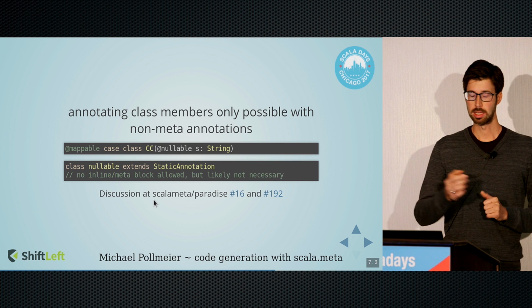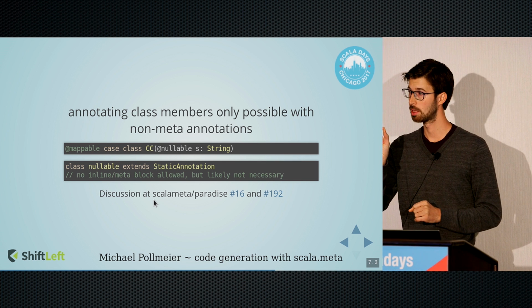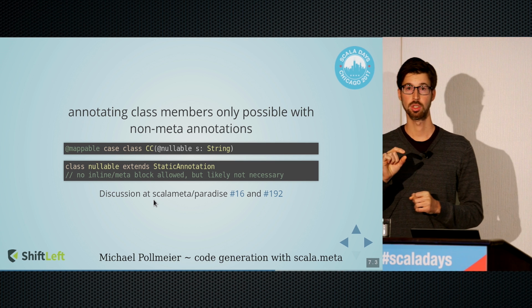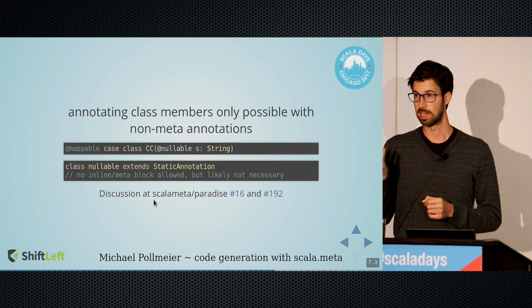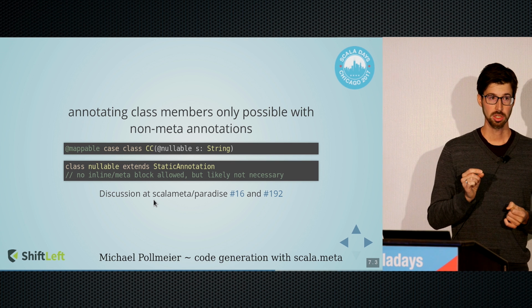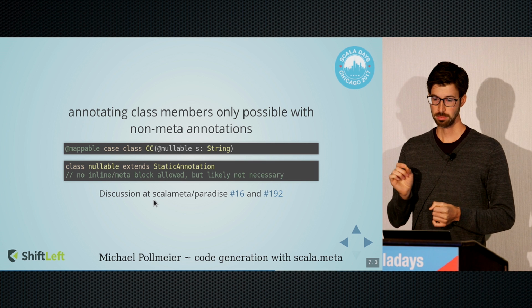You saw that in the example for this serializer. I used other annotations inside the members of my case class. Those annotations, like add nullable, so to mark one member as nullable, cannot have inline meta blocks.